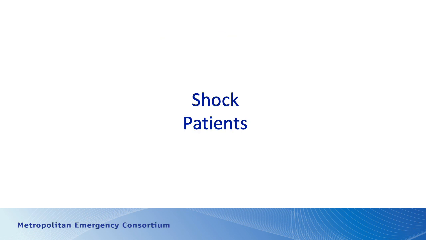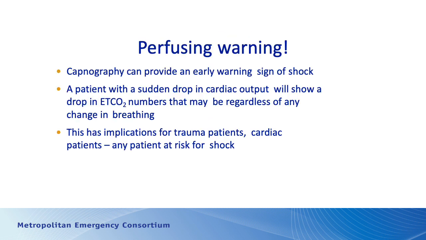So how about patients in a shock state? Well, perfusion is one of the two components of determining an end-tidal CO2. So when we measure end-tidal CO2, in part we're measuring perfusion. Patients who are not perfusing well, we will start seeing changes in their CO2 value, and typically what you'll see is a drop in end-tidal CO2.